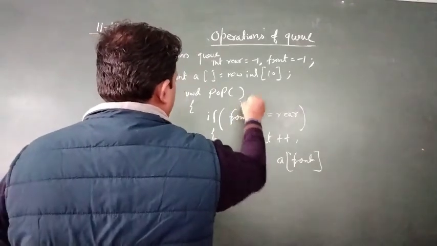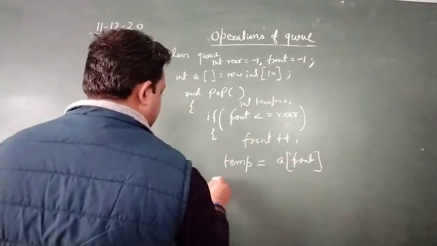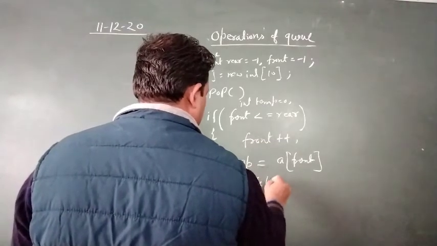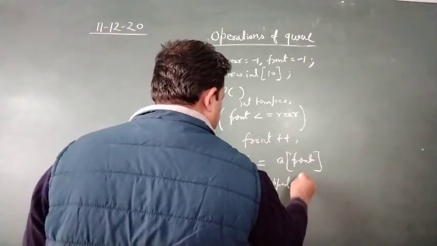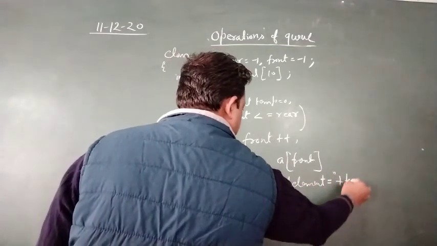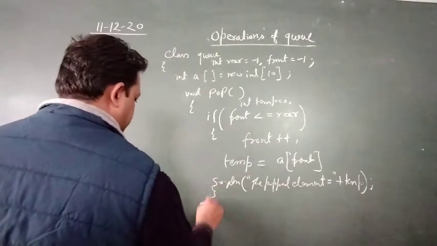So you can define here one temporary variable temp equal to 0, and you can display a message here: system dot println the popped element is equal to plus temp. Closing of if.